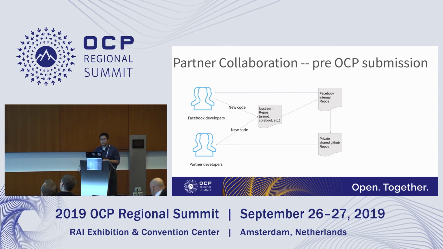So Facebook grab it from the upstream. So the developers, whether it's Facebook developer or our partner developer, they contribute the new code to the upstream. So upstream community can give feedback, know what's going on, and then once it's in the upstream, repos would be all the repos we have to touch, like coreboot, uroot, everything.